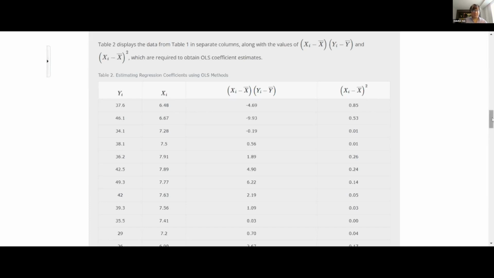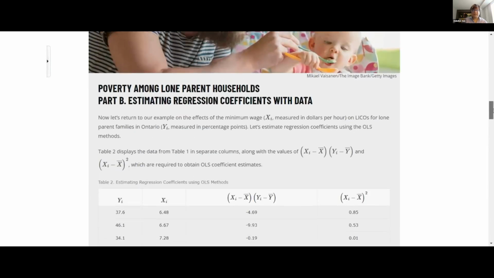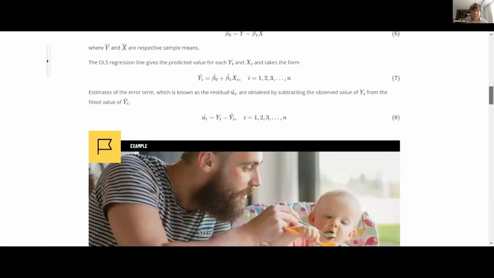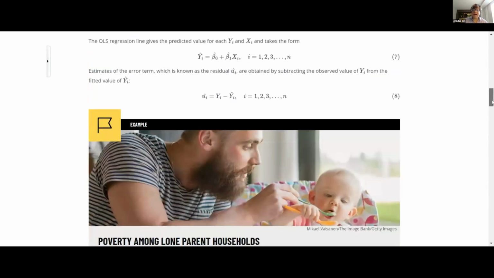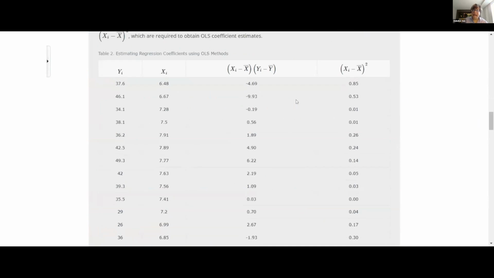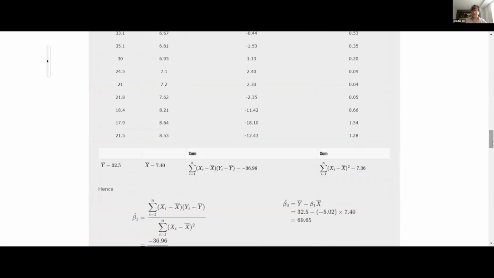Now, this is good. We've done our first steps. But if you notice the notation out here, you see this Greek symbol, which is basically sum, summation. Now that tells me that I have to add all these values up. And when I add these values up, this is the numerator I get, minus 36.96.